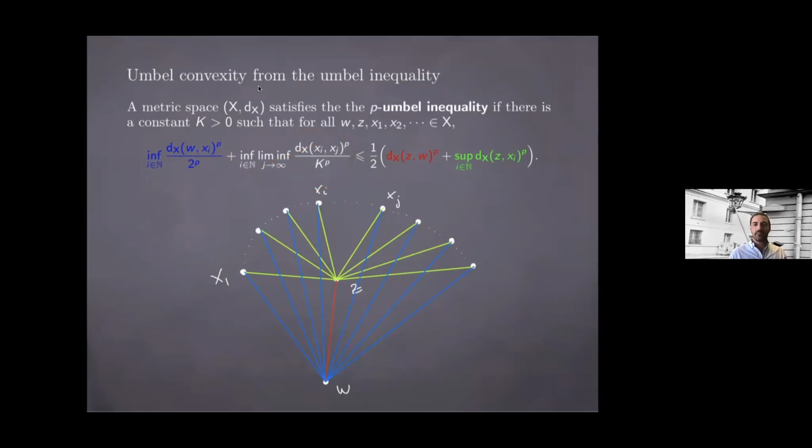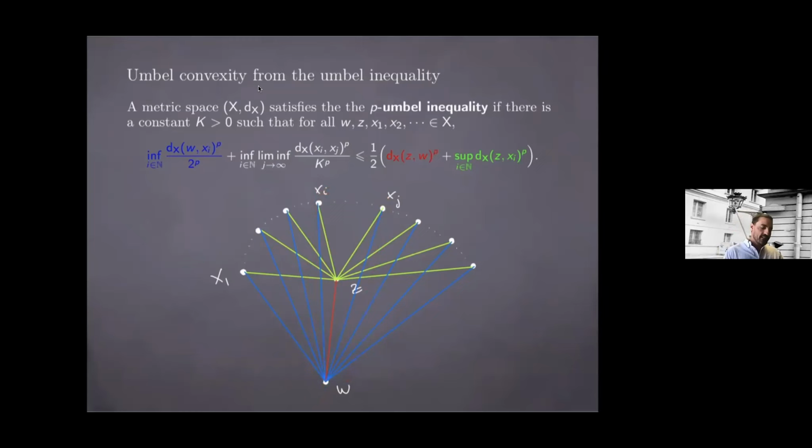And again, you could put something simpler here, but we want the lim inf because we had to prove that reflexivity is implied by Umbel convexity. As for the fork inequality that Mendel and Naor used, you have only 4 points like this, and you compare a convex combination of these 3 distances with the average of the distances here.